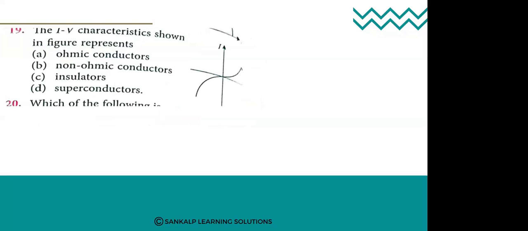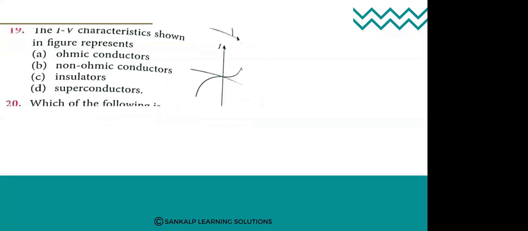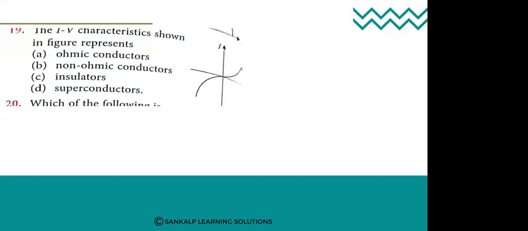Option C, ma'am. Insulators. It is option B, that is for the non-ohmic conductors. The given IV characteristics are of non-ohmic, or you can also say non-linear conductors. It will be a curve. If it is ohmic, then it will be a straight line passing through the origin. Insulators won't give this. Superconductors are a different case.